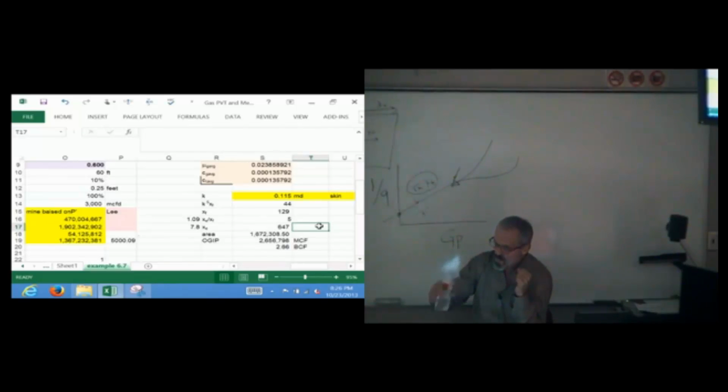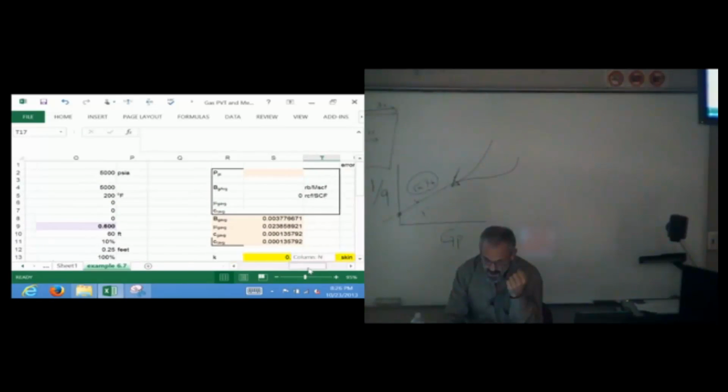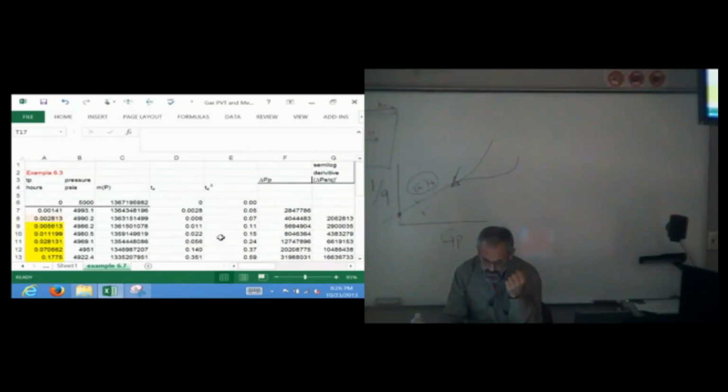For the square root of time curve, what data do you use? Do you use delta p or the curve you build for p and square root? You know what? I might have used delta p and I might have used pseudo pressure. It wouldn't make any difference, because one just has a constant subtracted from it, and I'm looking for a slope.